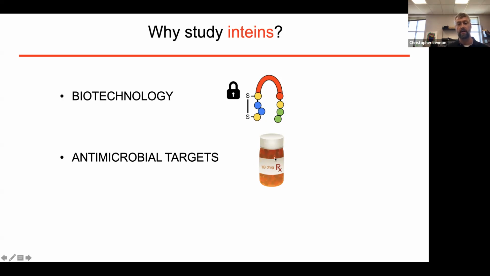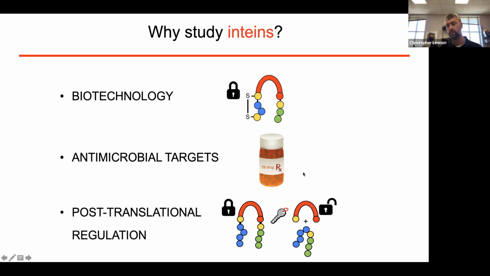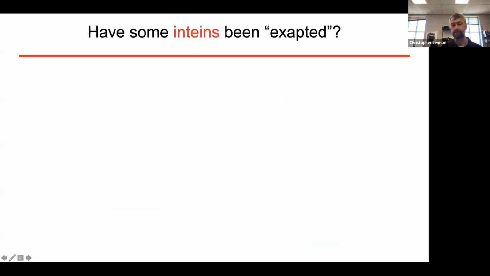We think this can be a novel avenue to kill these organisms. And then finally, we're interested in inteins for their emerging role as post-translational regulatory elements. The basic idea is that prior to the protein splicing reaction, the intein-containing protein is effectively off, and then after splicing its activity is restored. And that's what we're going to focus on today.